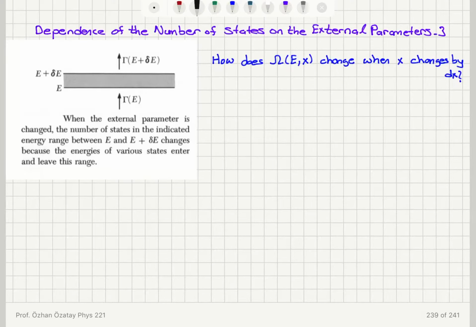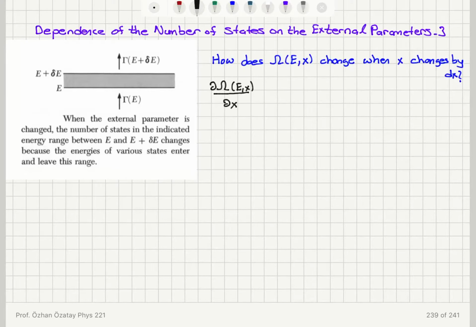So the answer to this question will be basically the derivative of omega with respect to x.